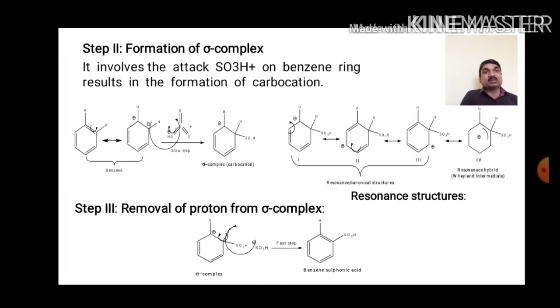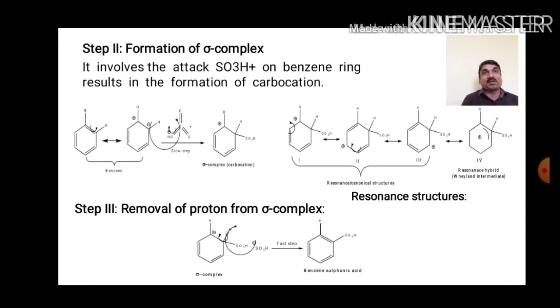The aromatic character of the benzene gets disturbed by the attack of SO3H+ as an electrophile. It gets stabilized through resonance. It results in the formation of canonical or resonance structures of that molecule, and it results in the formation of the sigma complex.